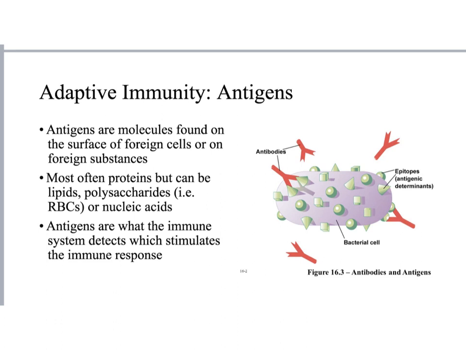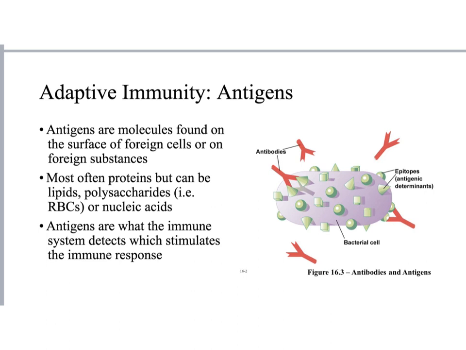Now, antigens can also be not from bacteria or viruses, but sometimes our body will recognize, for example, a part of a pollen particle will have an antigen, will have some kind of a protein or glycoprotein on its surface that our body sees as foreign, and it will also kind of mount an immune response as if it were a bacteria. So antigens can be really on the surface of anything, but typically in the immune system we're talking about viruses, bacteria, fungi, parasites, things like that.